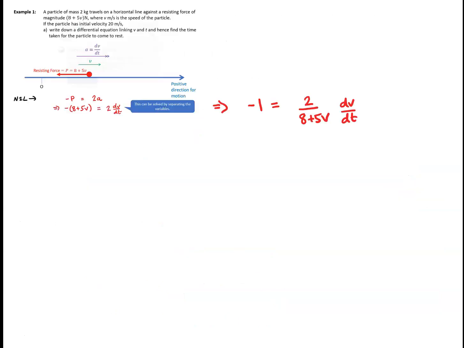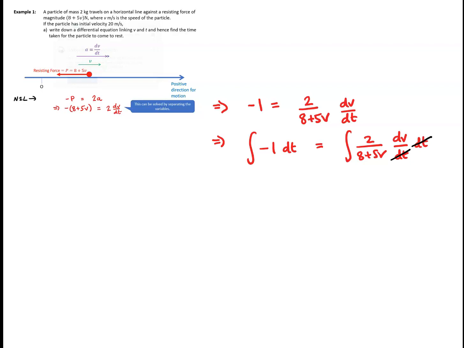So, if we've got the differential equation minus 8 plus 5v equals 2 dv by dt, getting all the v's on one side, we've got minus 1 equals 2 divided by 8 plus 5v times dv by dt. Integrating each side with respect to t, we obtain the integral of minus 1 is equal to the integral of 2 over 8 plus 5v times dv by dt.